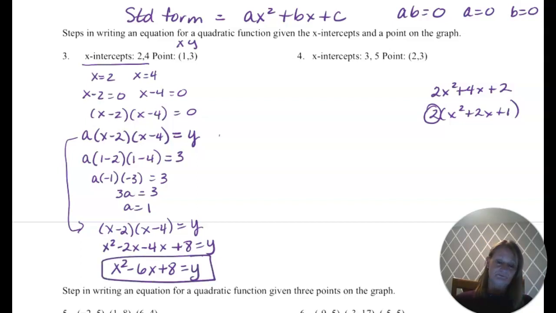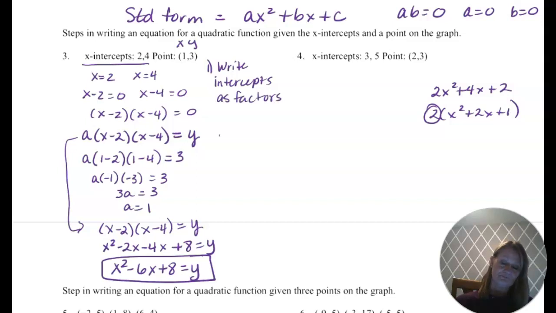Okay, so again, my steps were to write the intercepts as factors.